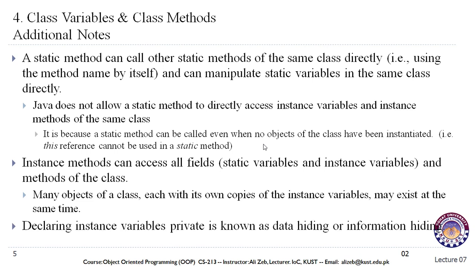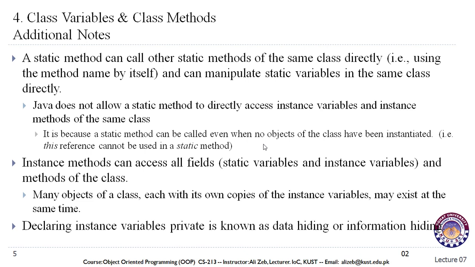Declaring instance variables private is known as data hiding or information hiding. We have seen that sometimes we need to declare our variables as private so that we do not directly access those variables or directly change the values for those variables.